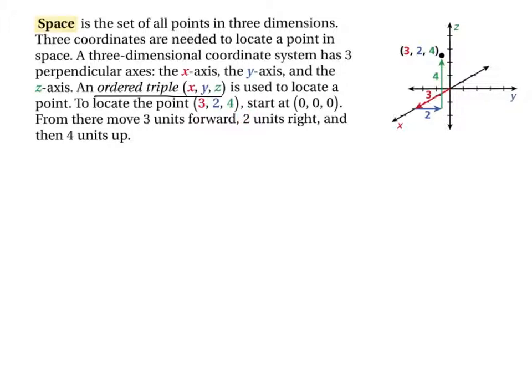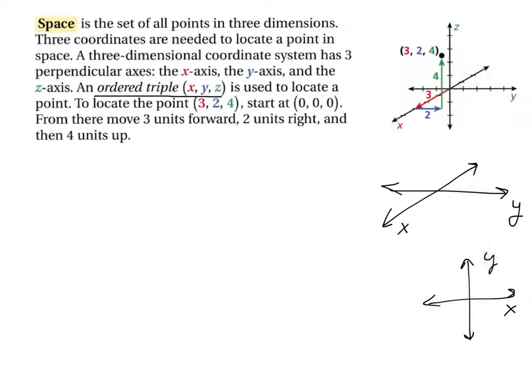Now, this is kind of confusing. Your x-axis looks like this. Your y-axis looks like this. Now, if you can visually think of it this way, this x-axis and y-axis is the same as this. It's in one plane. But I've now taken this and I've flattened it out and rotated it this way.